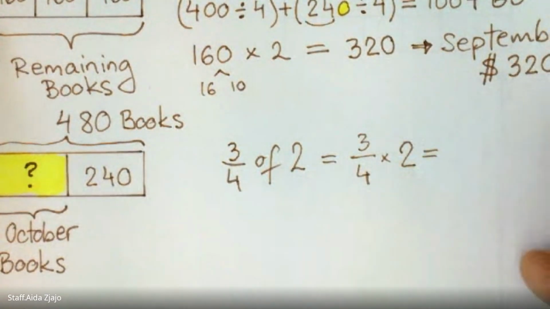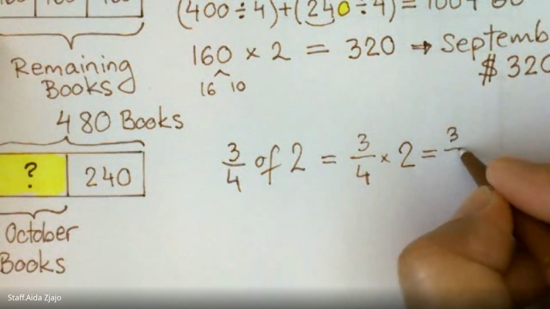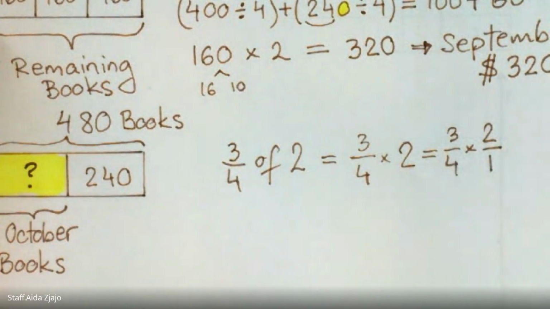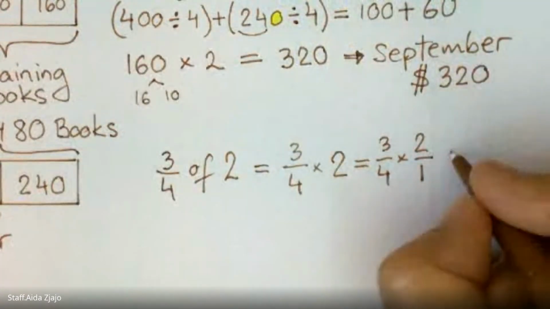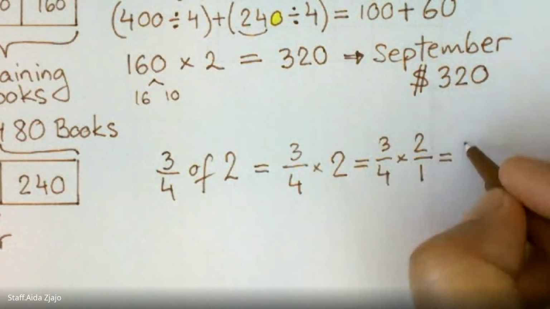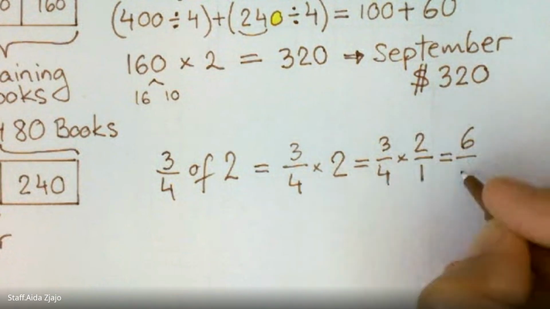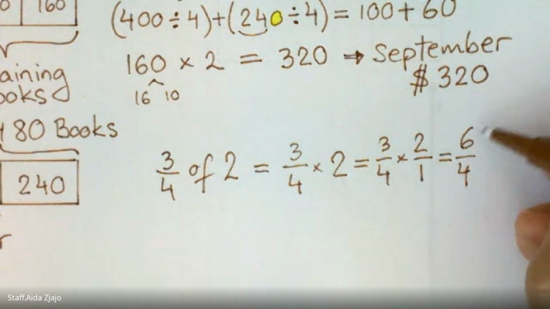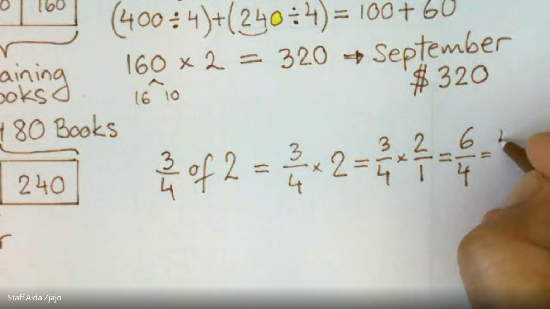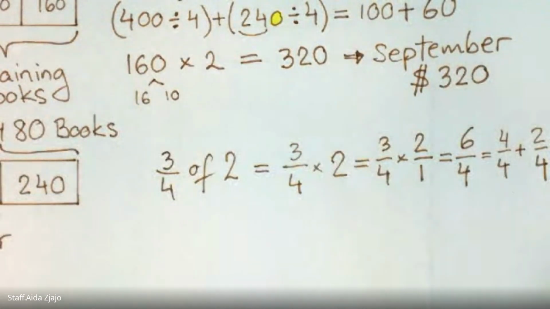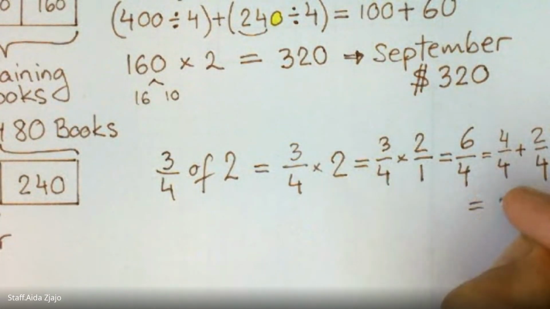If you follow the rules, three-fourths times 2 as a fraction, we are using the rule of multiplying fractions by fractions. 3 times 2 is 6, and 4 times 1 is 4. We got 6/4. 6/4 is really 4/4 plus 2/4, which makes 1 whole and 1/2.